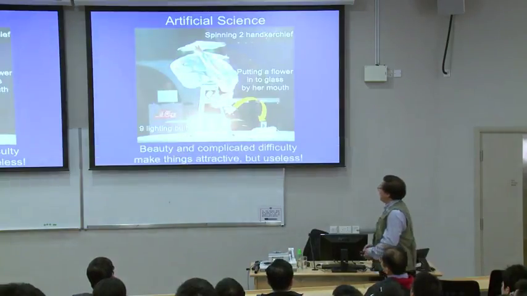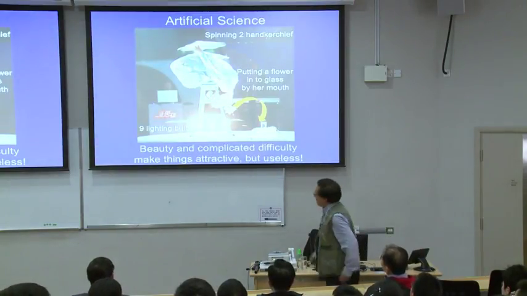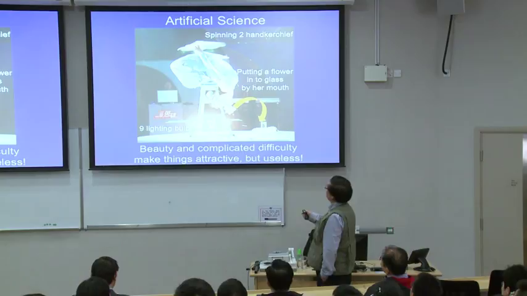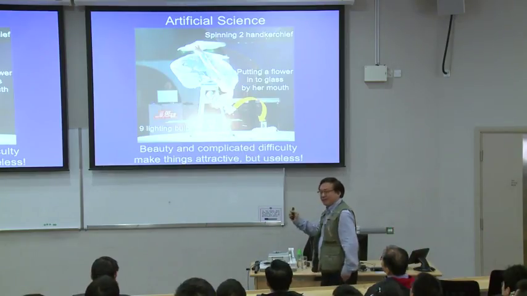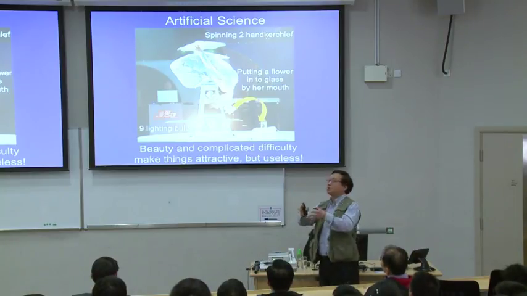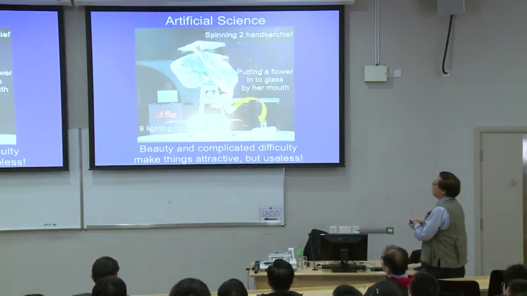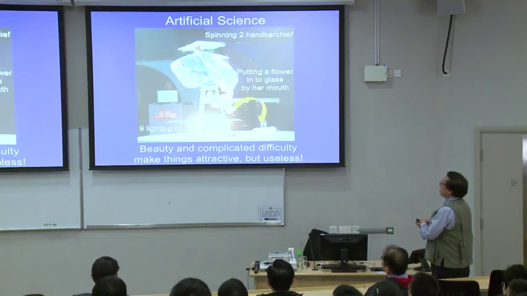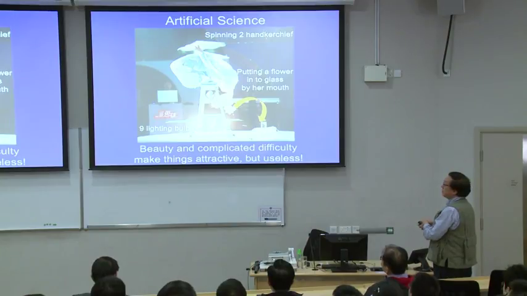Exactly. So then we should now do this, okay? Artificial science. Use beautiful, attractive, complex things, but useless. The girl wants to put this flower in the glass, uses her mouth, and then stands on nine lightning bubbles.